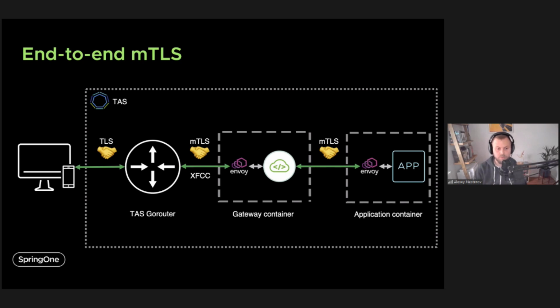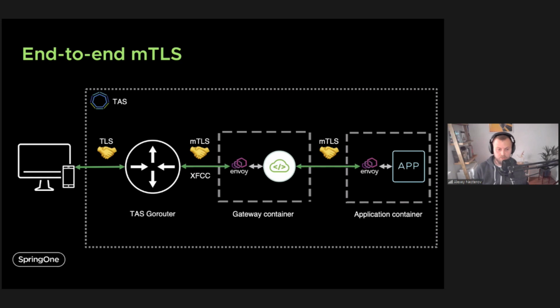The first component I want to mention is the Tanzu Application Service Go Router, which is sort of like ingress for all the traffic to the platform. So it receives all the traffic either from the public internet or from the load balancer. Let's say you configure TLS termination on a load balancer and configure mTLS between the load balancer and the Go router.